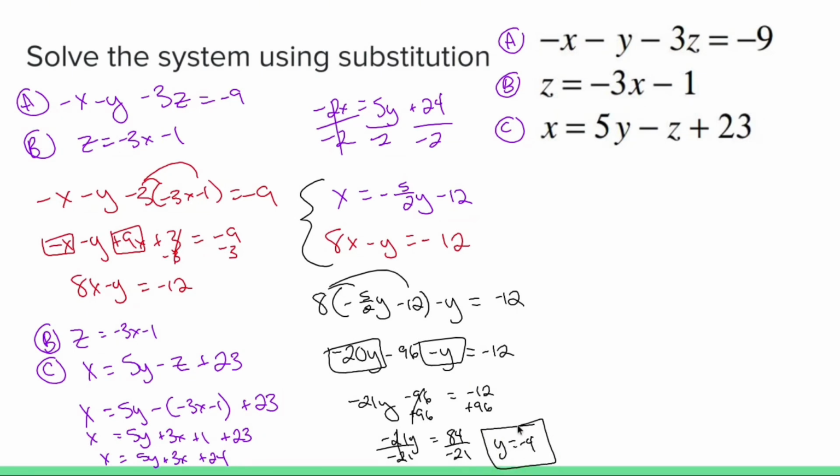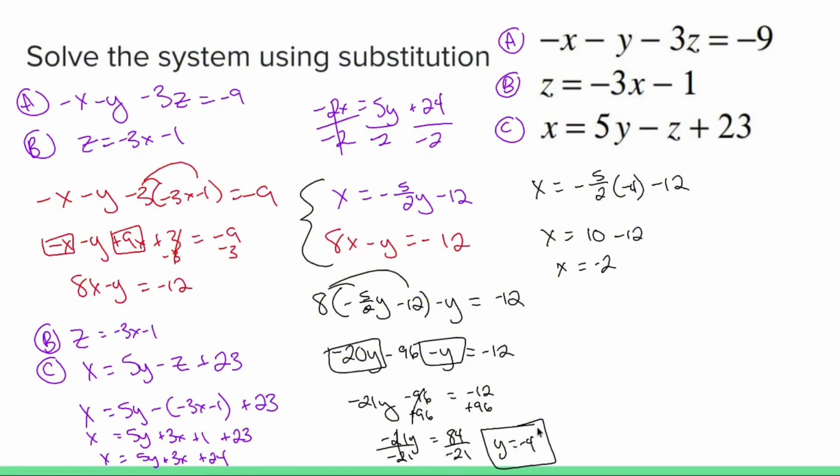Now that I know what y is, I can plug that into that top equation. So x equals negative 5 over 2 y, which is now negative 4, minus 12. Negative 5 over 2 times negative 4 is positive 10, minus 12, so x is going to equal negative 2.